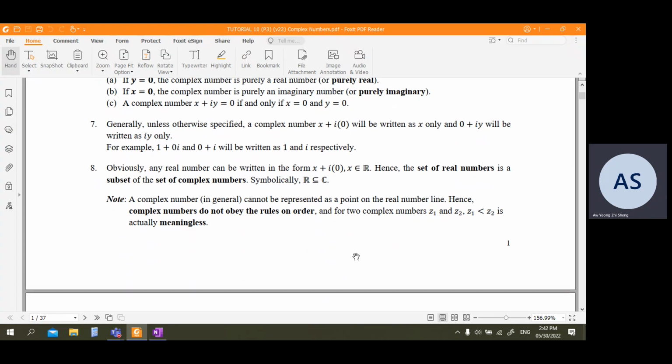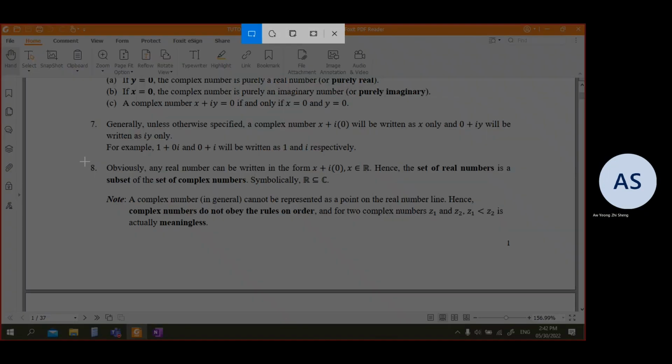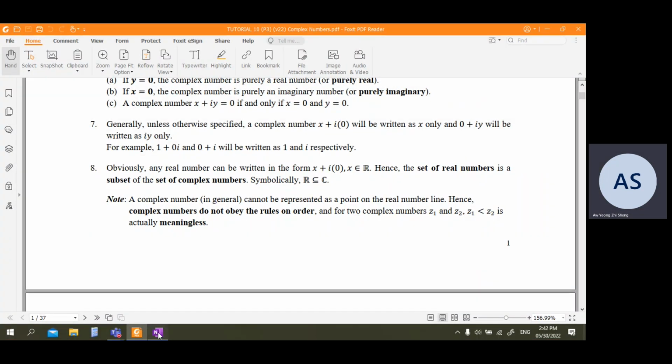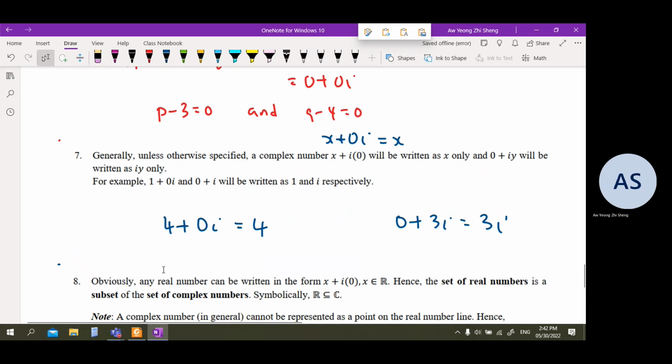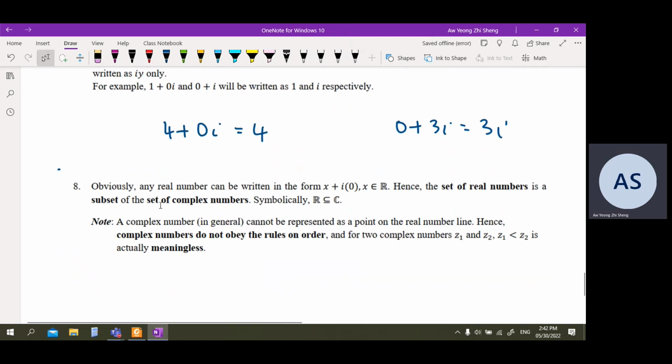Okay. Point number 8. Point number 8 says, obviously, any real number can be written in the form x plus i times 0, where x is a real number. So, for example, 3 is a real number.